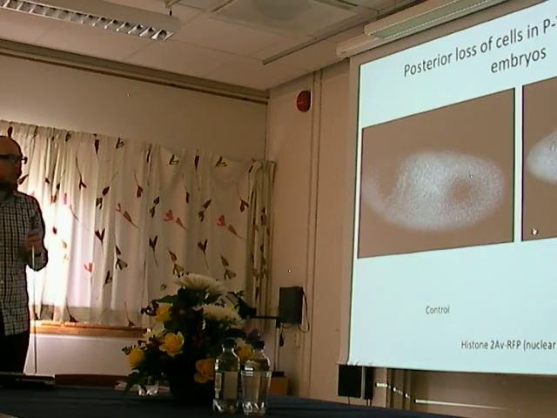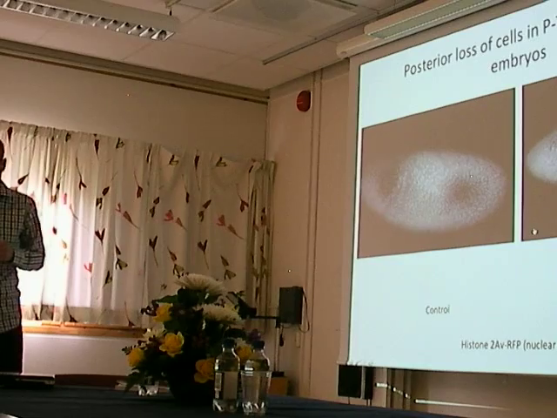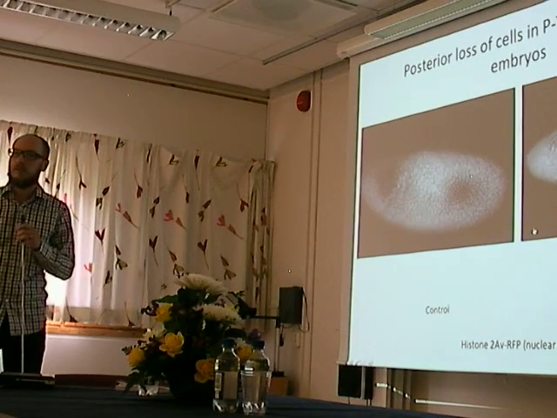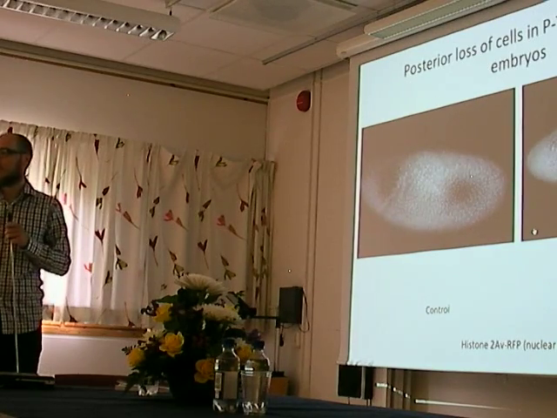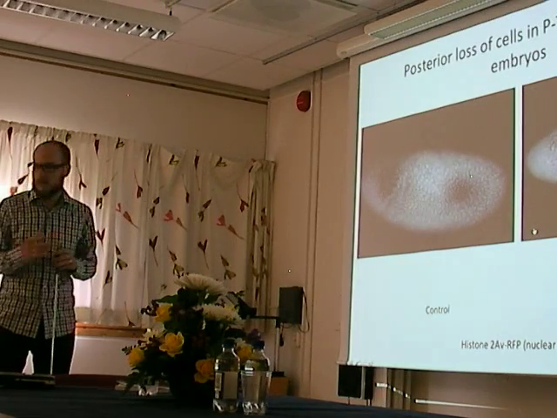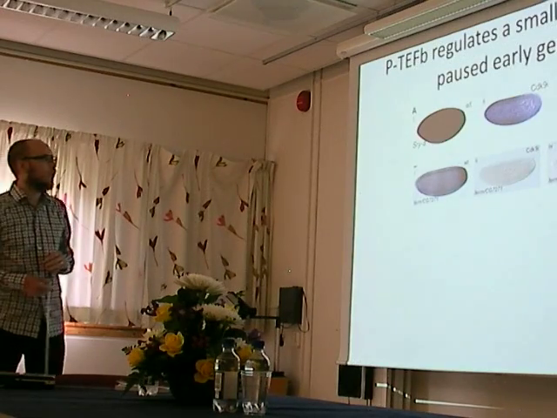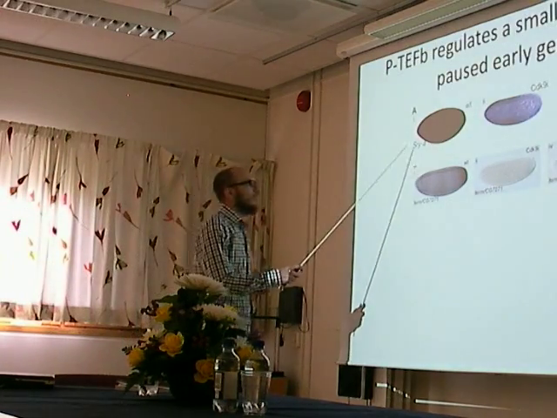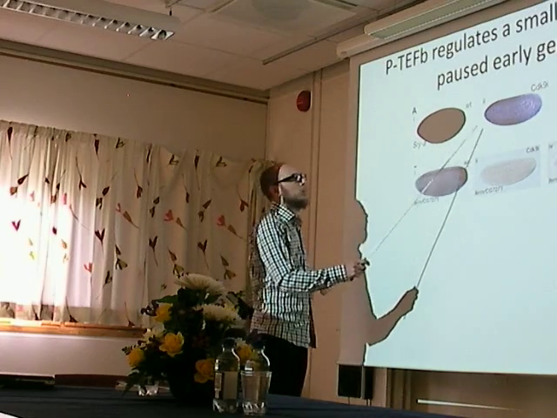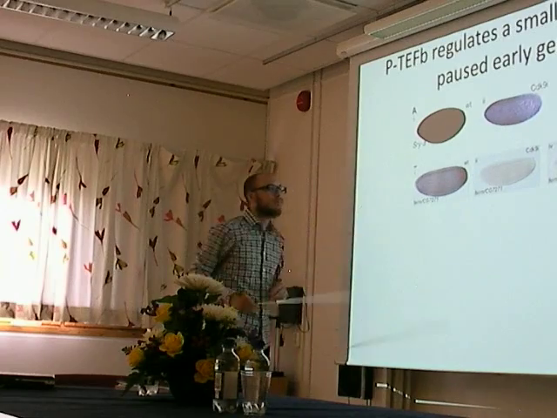Next, we wanted to investigate the cellularization phenotype. We know from the literature that there are several zygotic genes that are involved in cellularization. So by checking some of those genes, we could see that the gene serendipity alpha is downregulated in the PTFB embryos.